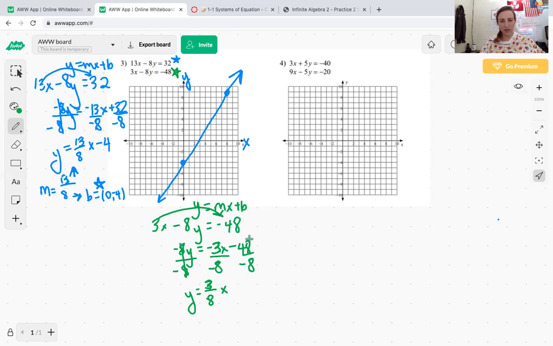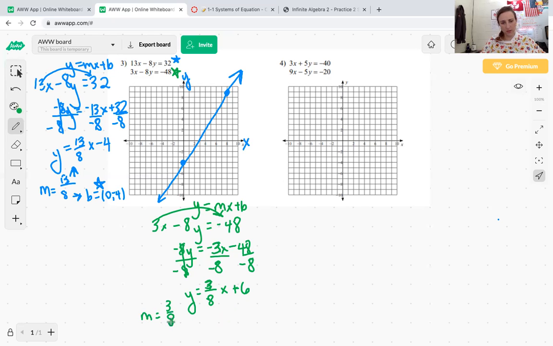And then negative 48 divided by negative 8 gives us a positive 6. So the slope is going to be a positive 3/8. Let me scoot that over a little bit, that way I don't run into my other problem.